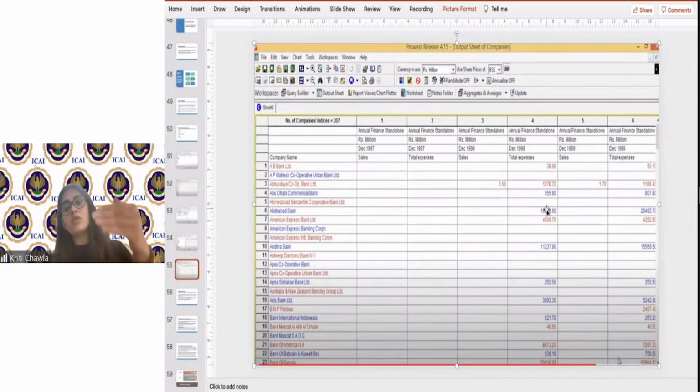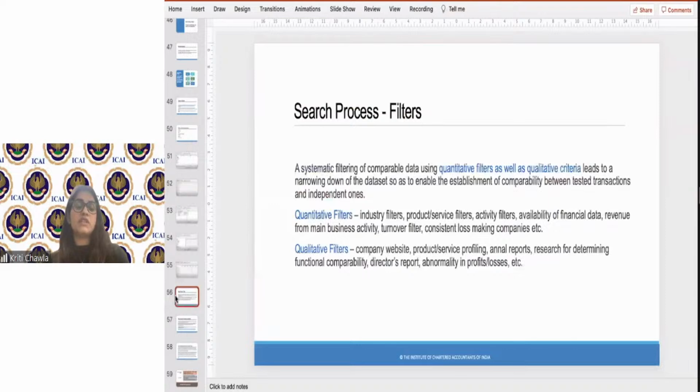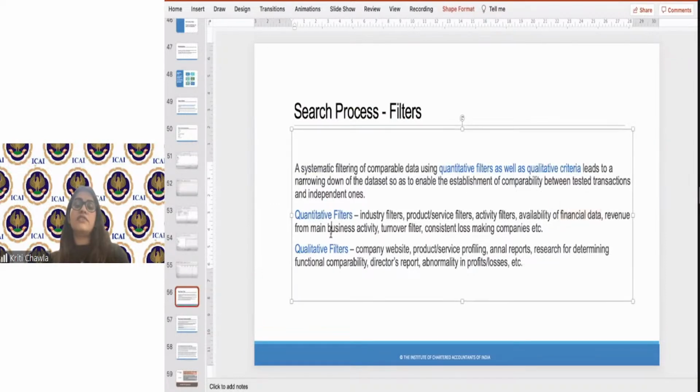So I will adopt a quantitative filter which will basically say that sales greater than zero will be accepted. So only companies for which sales is given will be filtered down. Other quantitative filters that I can adopt are availability of financial data, revenue from main business activity, and turnover filter.